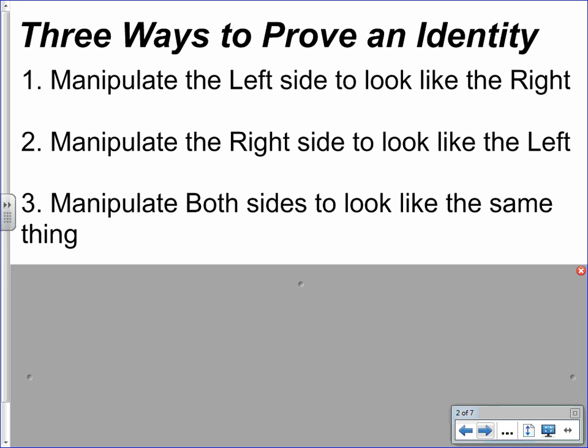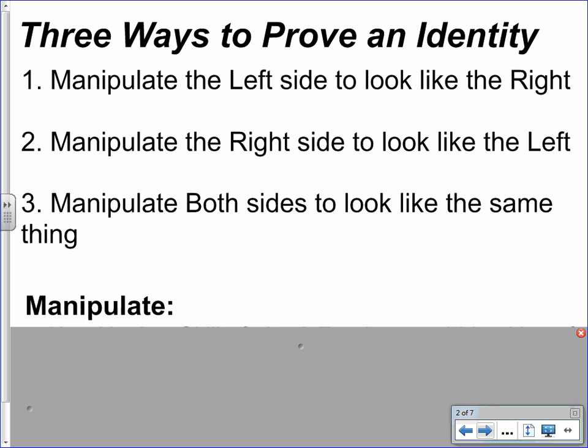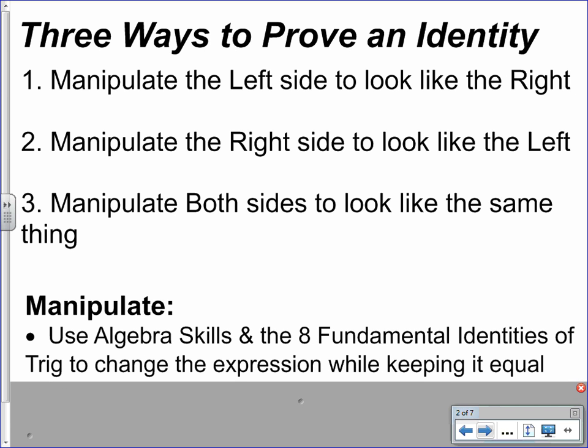How are we going to do that? Okay. You are going to use a combination of algebra skills as well as our fundamental identities to help you get there. Okay? When I say algebra skills, adding fractions, so getting common denominators and adding them together.